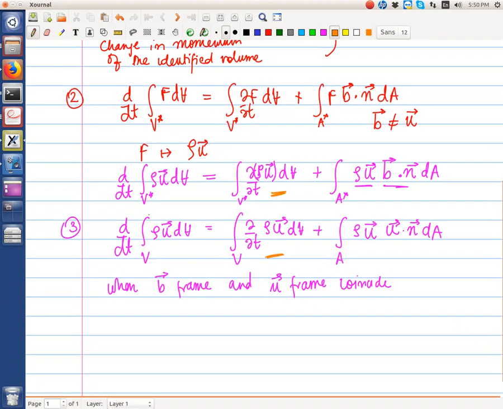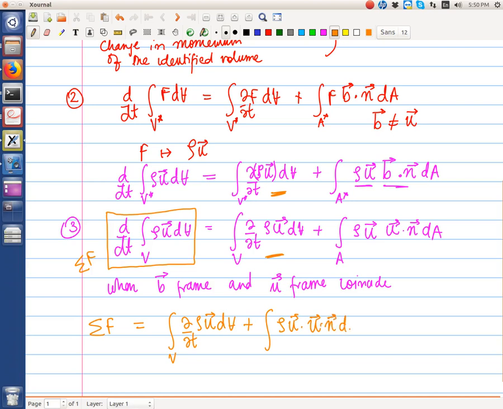But we have already seen that this term is equal to the summation of F. So the summation of F is equal to the integral of del rho u/del t dV plus the integral of rho u u dot n dA, this term fluxed over the area.